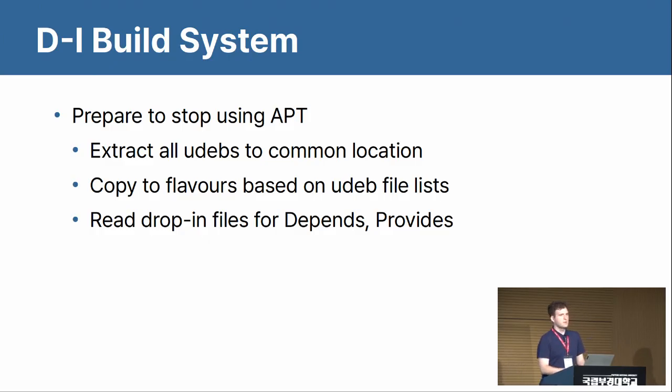And since the build system also relies on the depends and provides things of the udebs, we would have to read, parse them, and change the udeb lists for that accordingly.